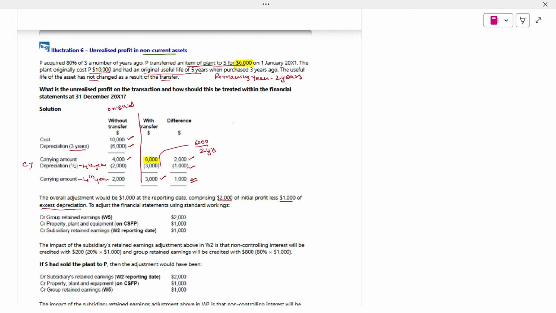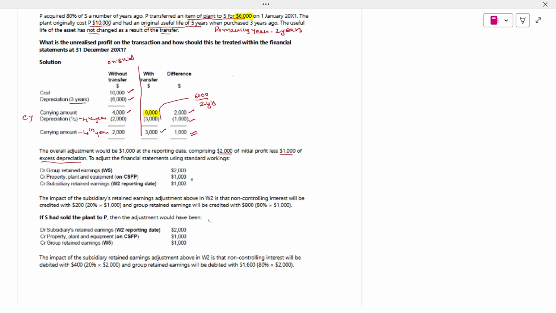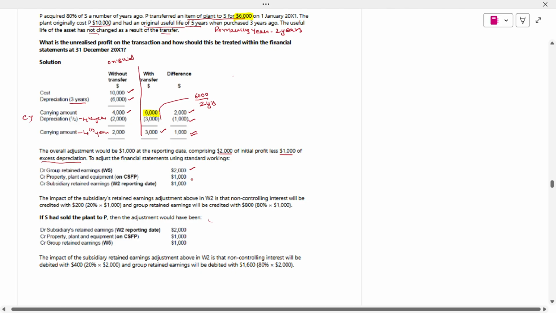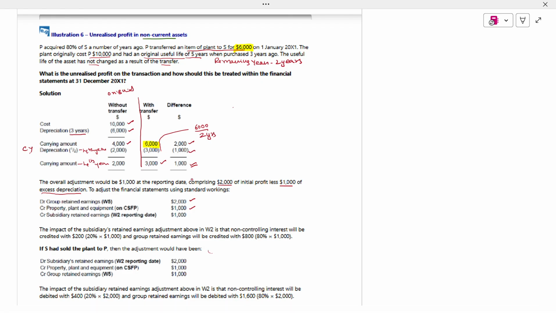Fine. Now in the retained earnings, we'll deduct 2,000. Plant and equipment is 1,000, because P has transferred it. P acquired S limited, and P transferred an item to S limited.